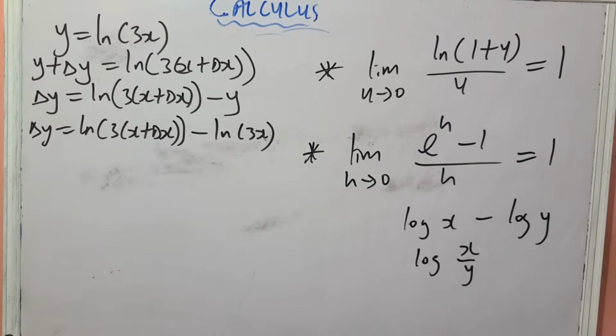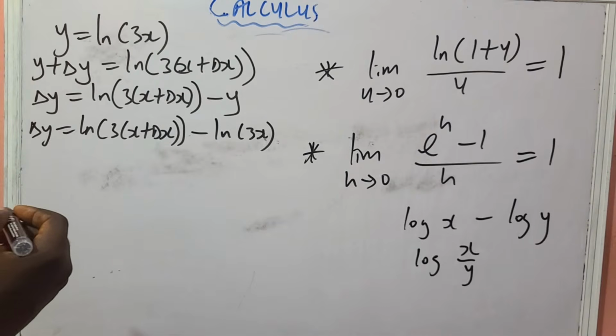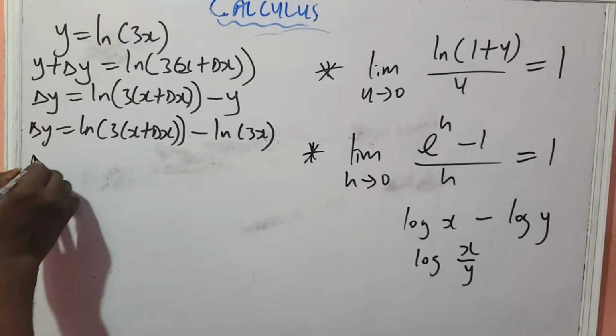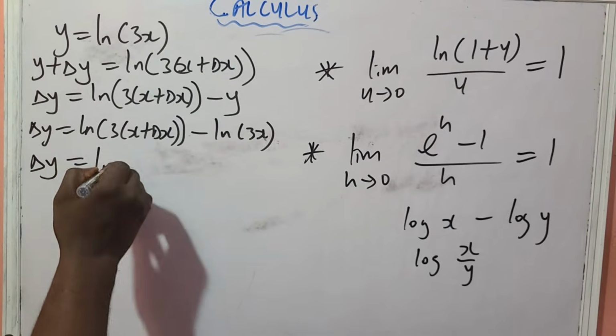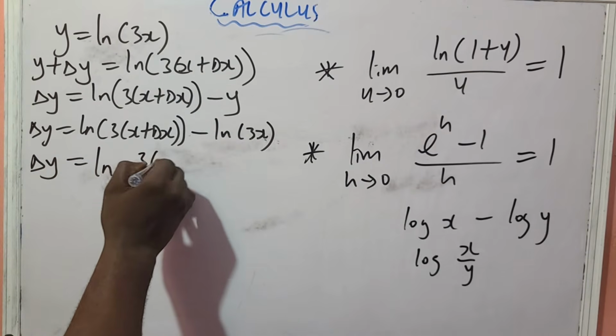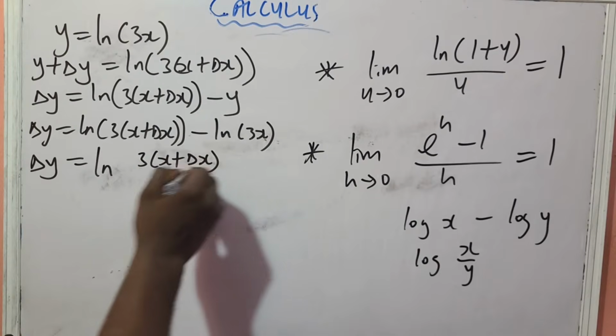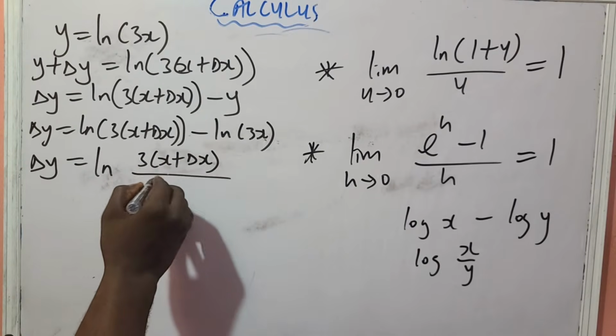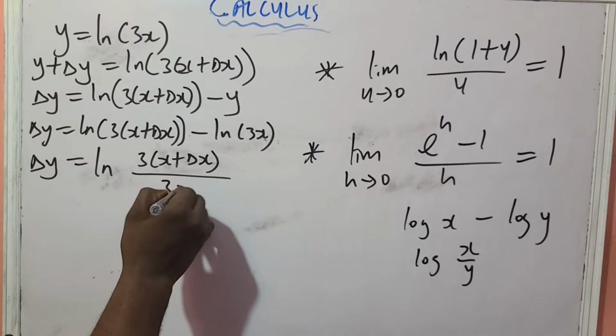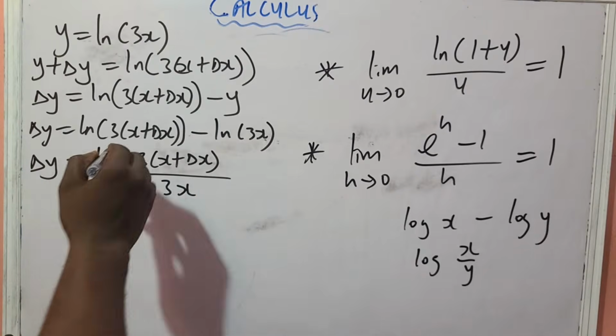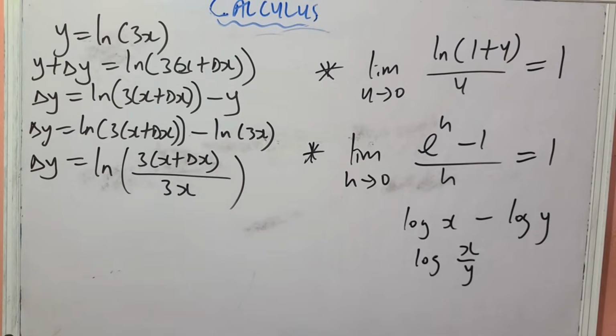So since you all agree with this, it's not wrong if I write it this way: ln of (3x + dx) over 3x. I'm sure nobody disputes this or is looking at this as a strange thing. This is the law of logarithm happening right here. I've not cheated at all.